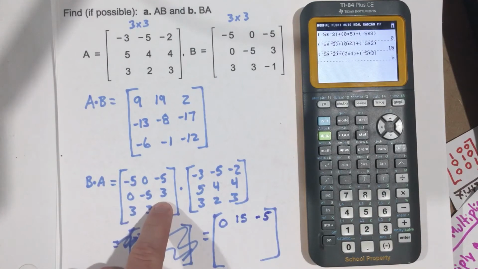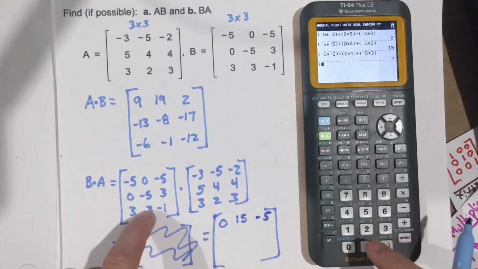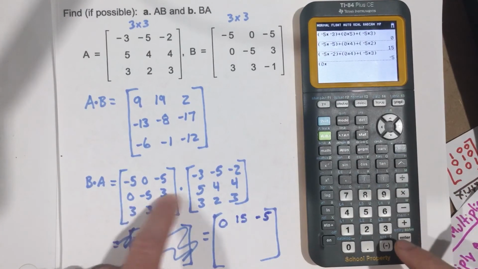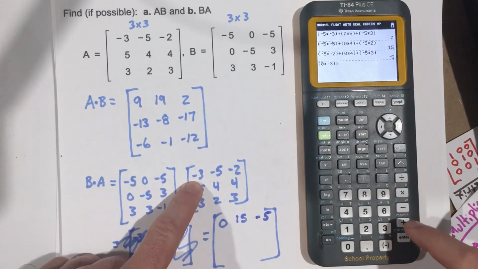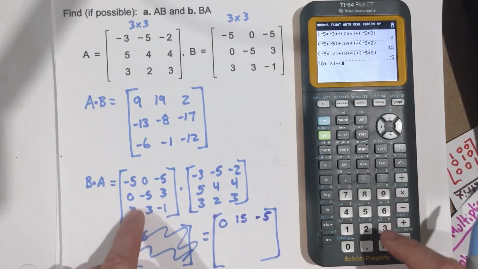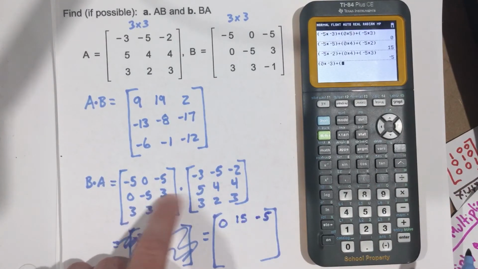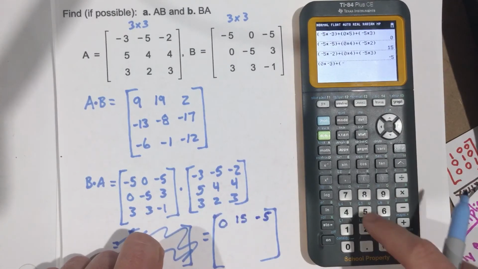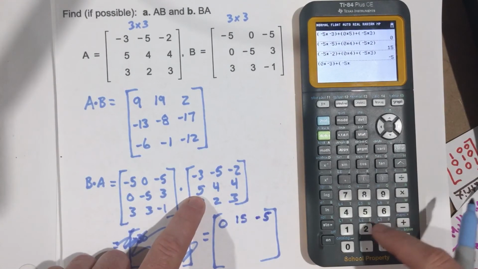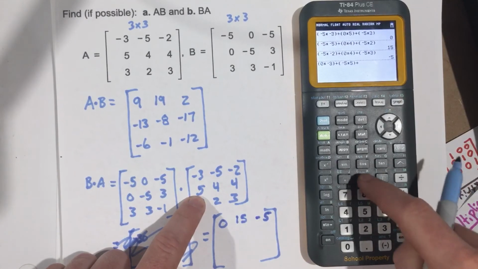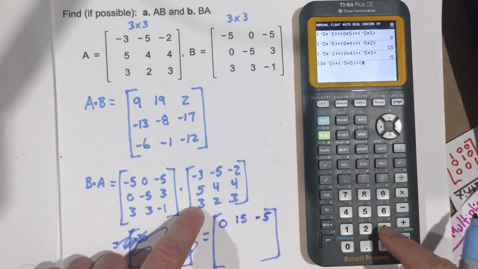Now we've got to go to row 2. So we start out by doing 0 times negative 3 plus negative 5 times 5 plus 3 times 3.